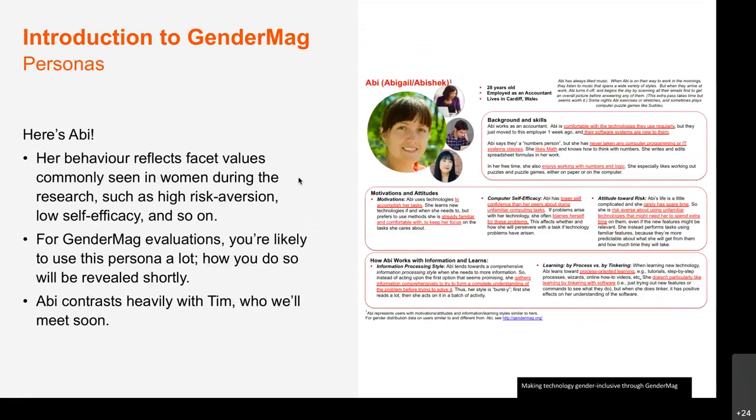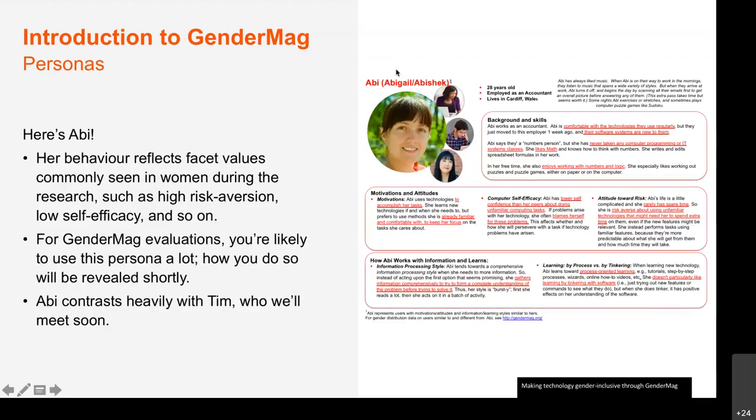Let's do Abby first. Her behavior reflects facet values commonly seen in women during research. So she would have high risk aversion, low self-efficacy, a comprehensive information processing style, and so on.